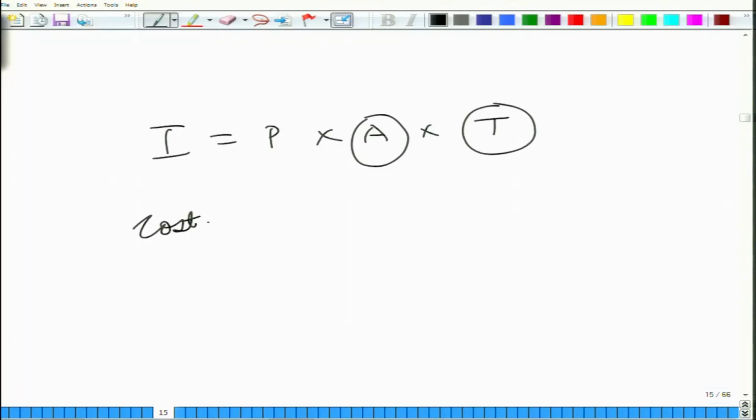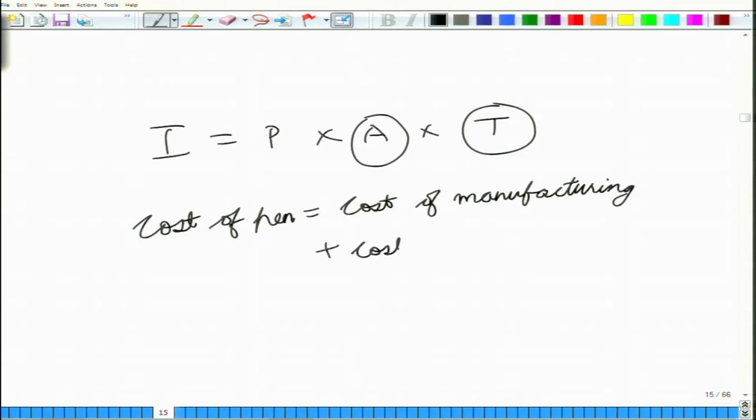In that case your cost of pen will become the cost of manufacturing plus the cost of treating waste.